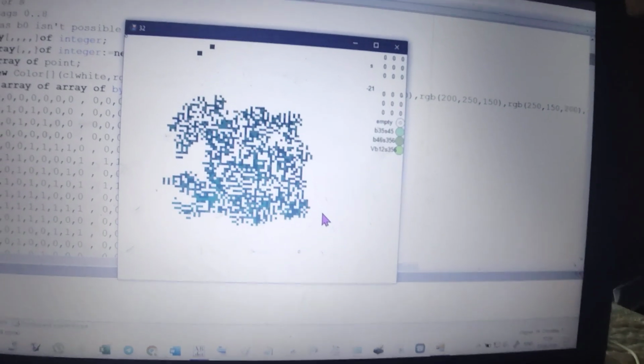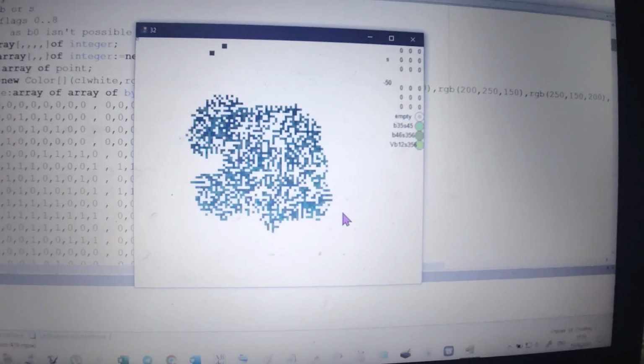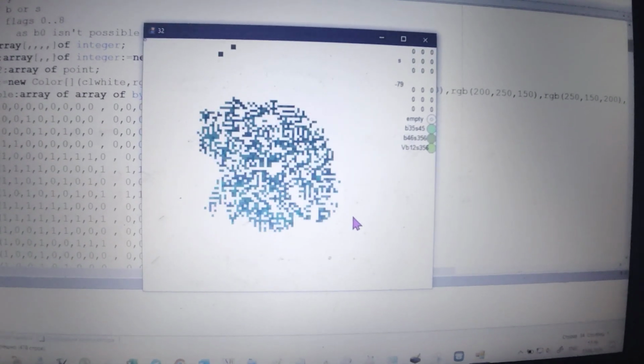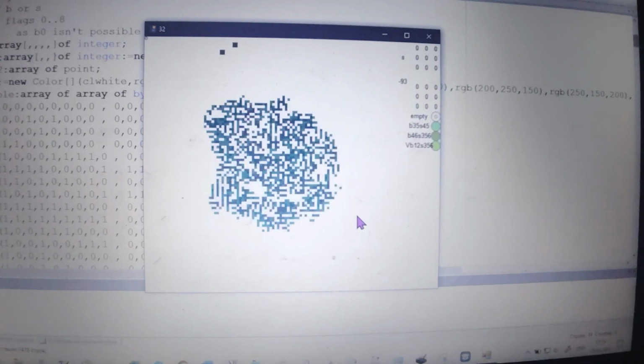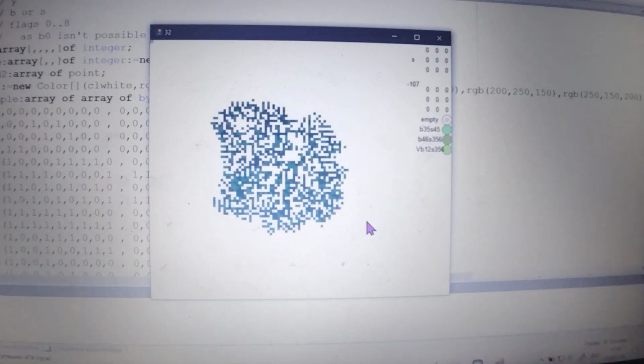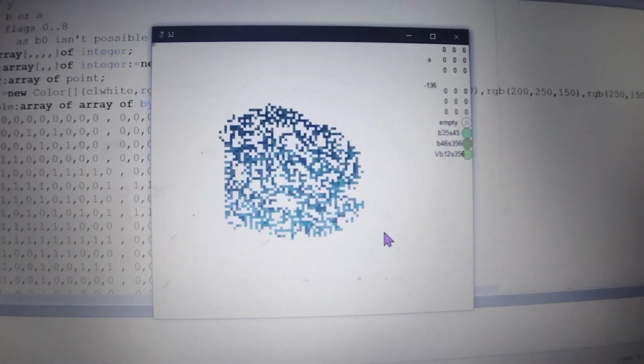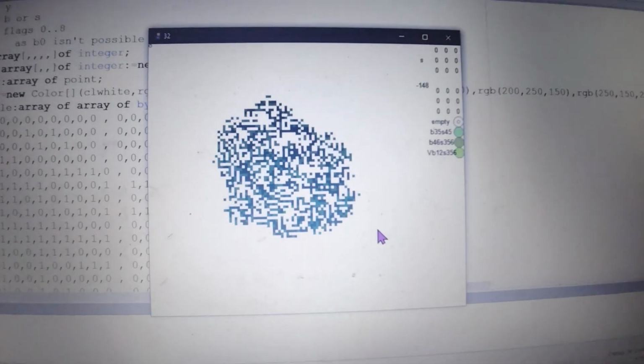Maybe now it will show something different, something interesting. Yeah, okay. Now it is kinda less survivable. It is visually pruning, I guess.